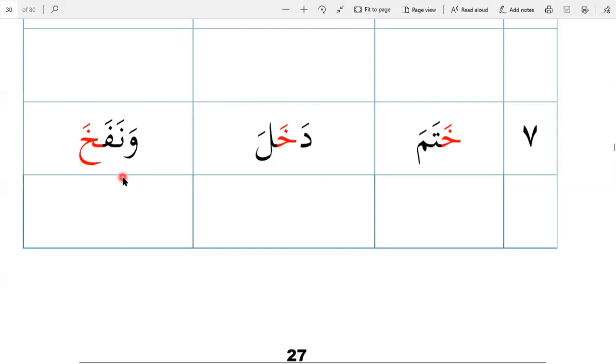Wa, na, fa, kha. Right? This is a heavy letter, as opposed to all these three letters which sound like a as an apple. Wa, na, fa, and this is kha.